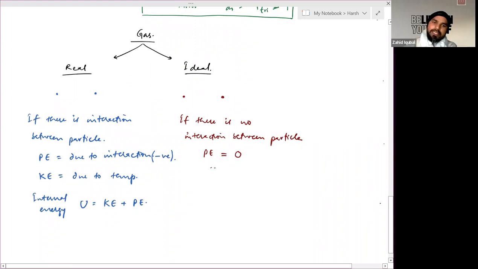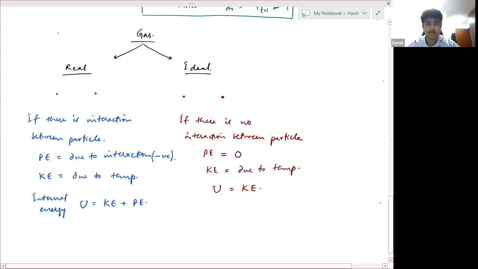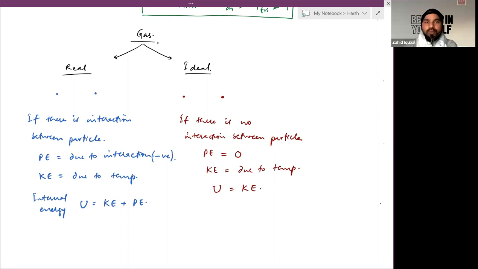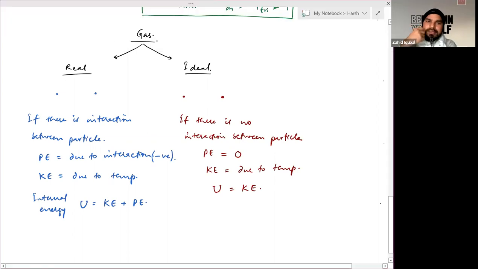So it will have only kinetic energy due to temperature. So total internal energy will be equal to kinetic energy and will only depend upon their temperature. Is it clear? Yes, sir. Now, you will be asked at what condition a real gas will tend to behave as ideal gas.